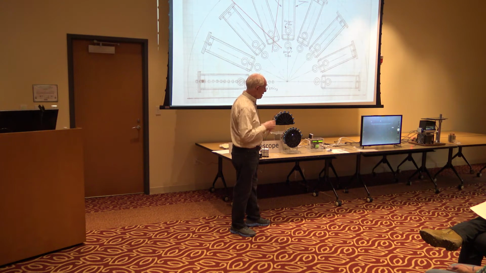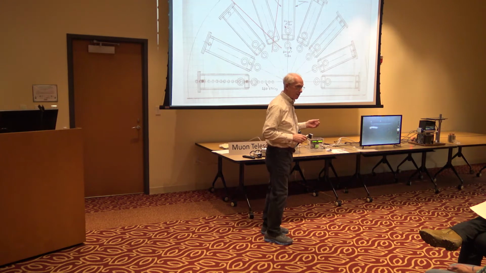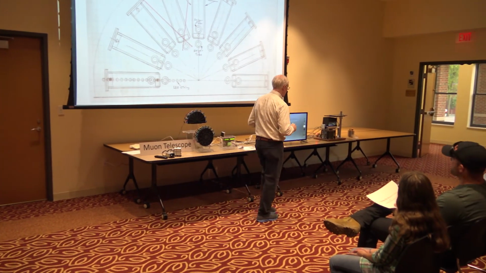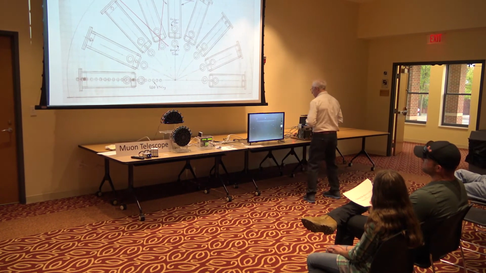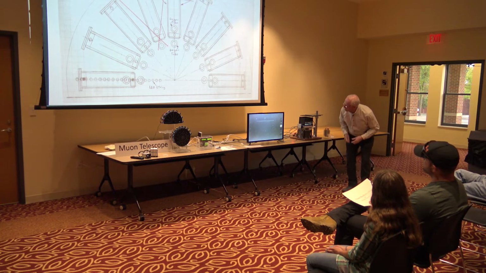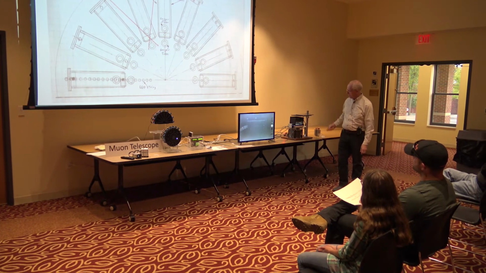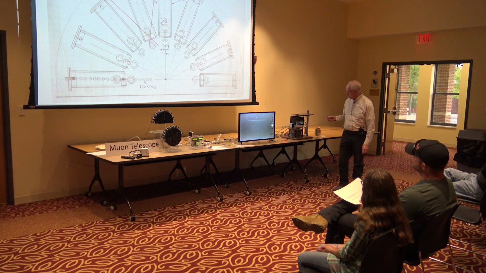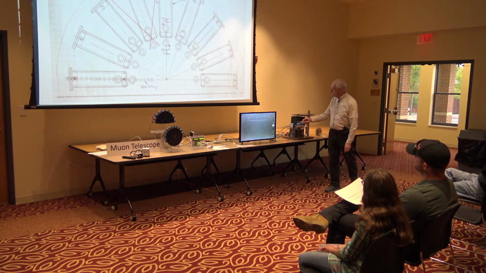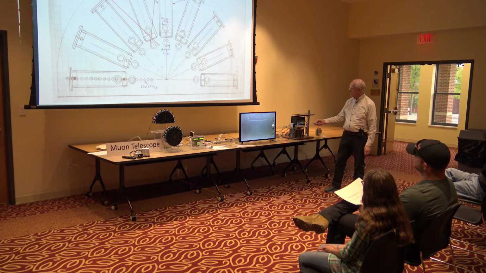Okay. Finally, talk a little bit about the cloud chamber. This is once you've brought it into focus. Not too bad. You can see the fine lines here. It doesn't show on my screen.